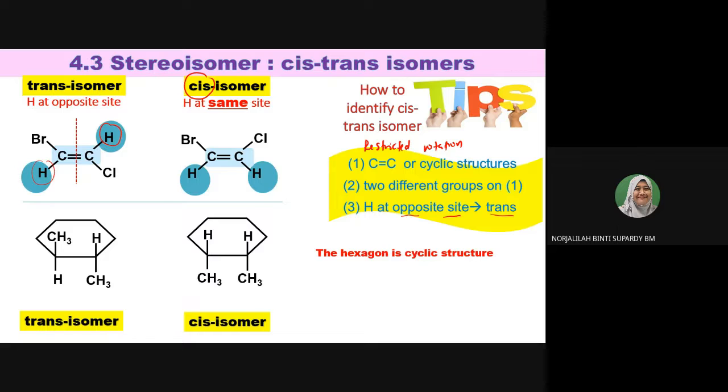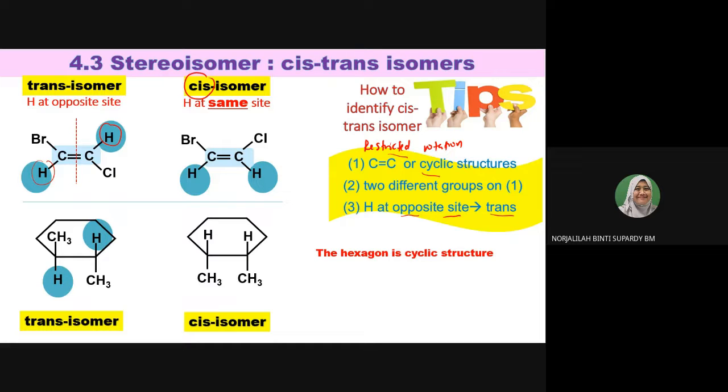We check the first requirement, which is the restricted rotation about the carbon single bond in the cyclic structure. So a hexagon is a cyclic structure. Then each of the restricted carbons contains two different groups of atoms.